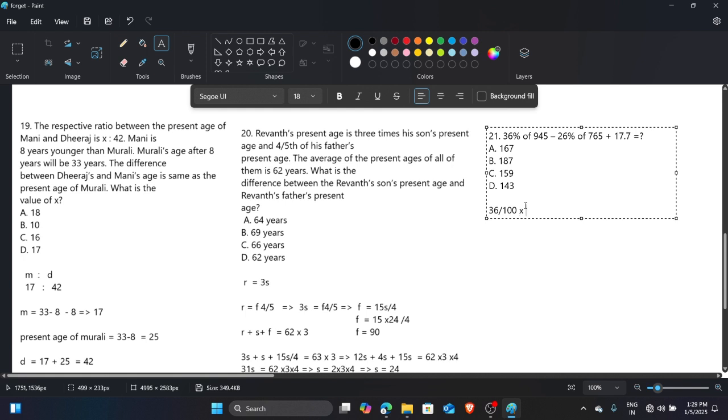Of means multiplication. It is nothing but 36 percent of 945, minus 6 percent of 765, where of again means multiplication by all of it.